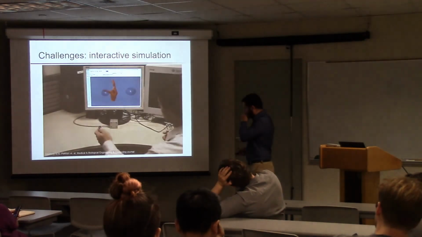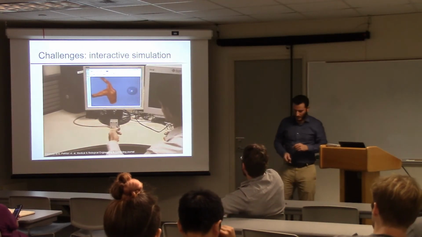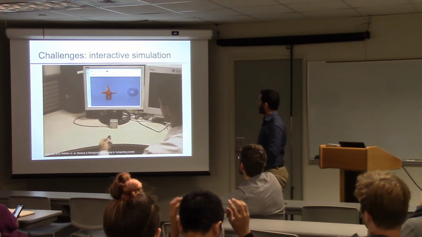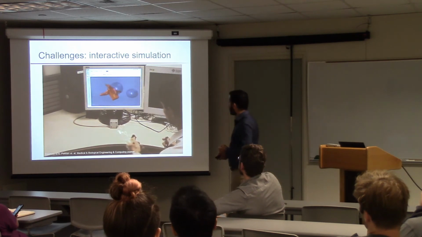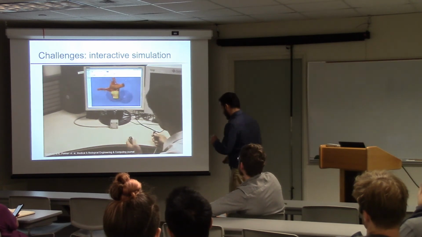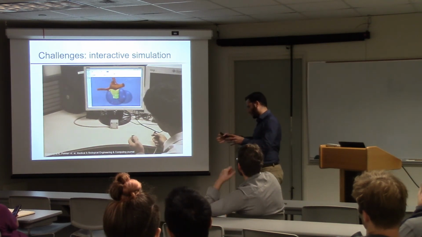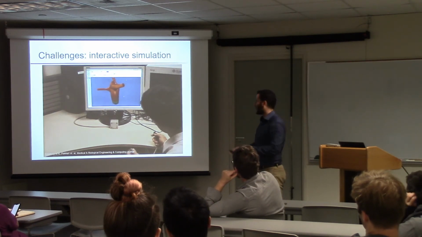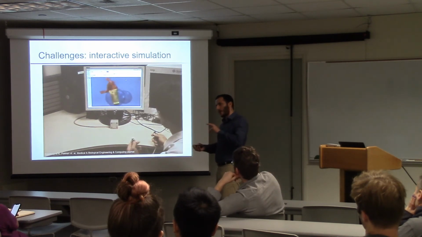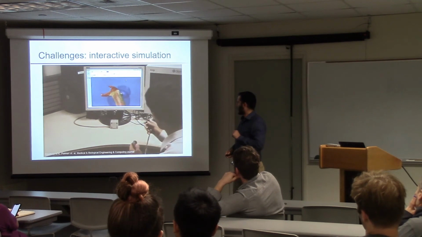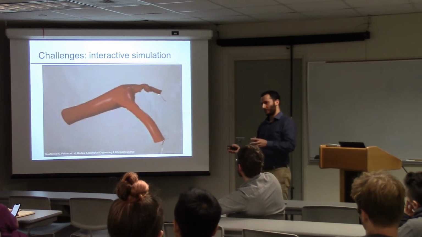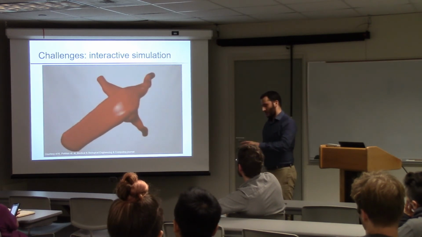Consider this example: when you want to operate on a patient, recently we have developed these techniques, and when I say we, I mean as a community, so it's a different group at Georgia Tech that has developed this technique, you could virtually modify an operation before actually stepping into the operating room and figure out what is, for example, the best geometry or how we should implement that particular operation. But what is lacking here is the analysis component. This is just geometric manipulation. And what we're thinking of doing is to actually add that.